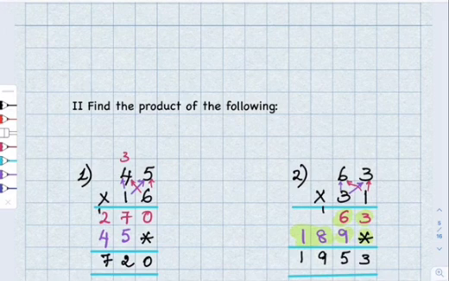Now for the final result, I will be adding both the rows. 3 plus 0 is 3. Then 6 plus 9 is 15. 5 at the bottom, 1 is carried. 8 plus 1 is 9. And finally 1 plus 0 is 1. The final answer is 1953. I hope all of you understood, children.